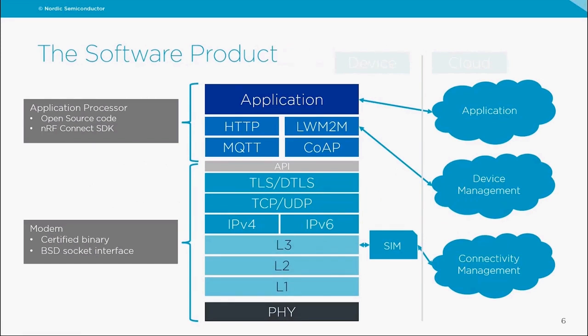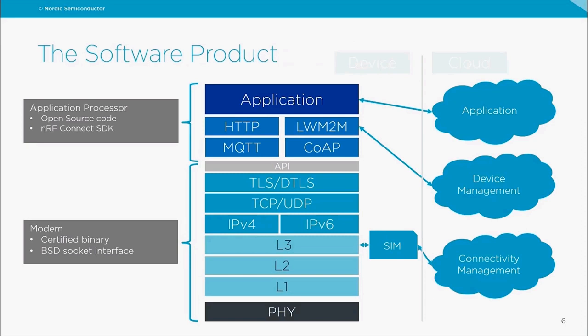So taking a higher level view again and looking more at the software aspects, a cellular device can connect to several devices or services in order to handle different aspects of operation. The application you make typically connects to your custom application in the cloud.